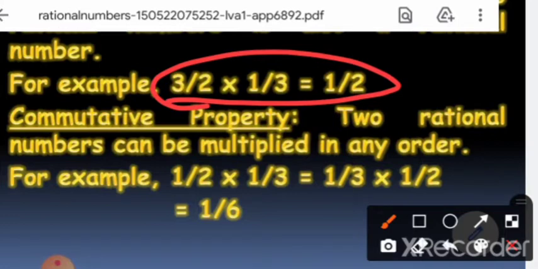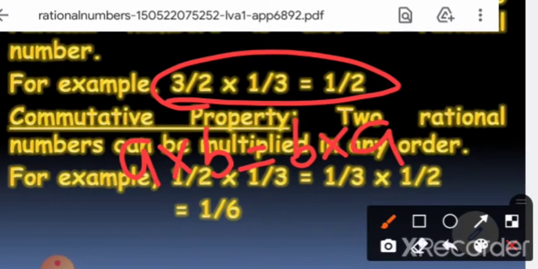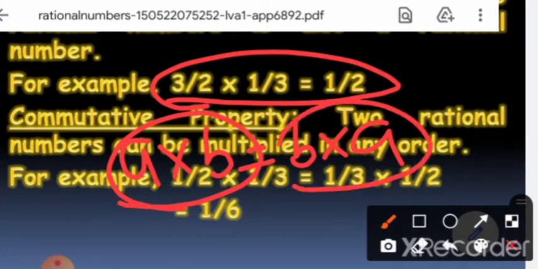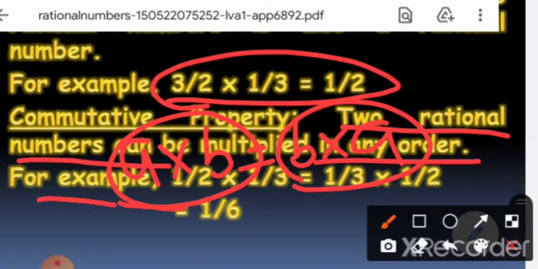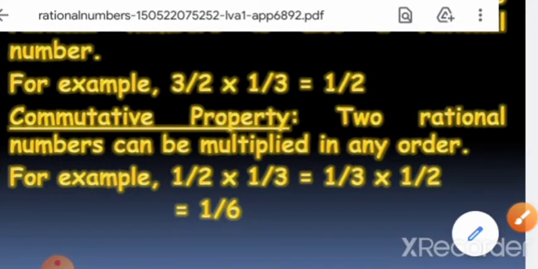It means if the order is changed, like A into B is equal to B into A, both results will be the same. Multiplication also fulfills the commutative property. So two rational numbers can be multiplied in any order and the result will always be the same.